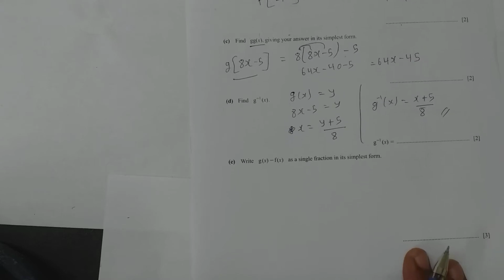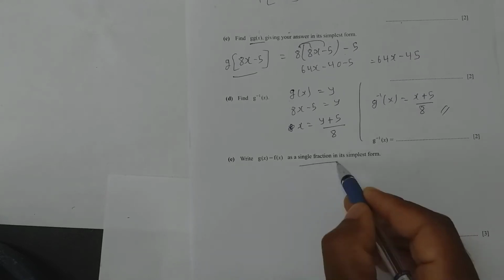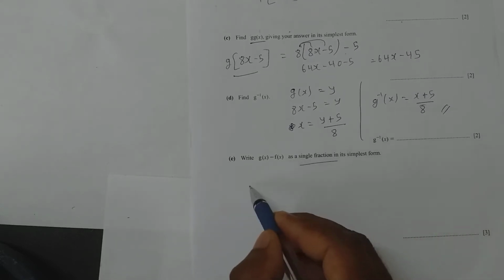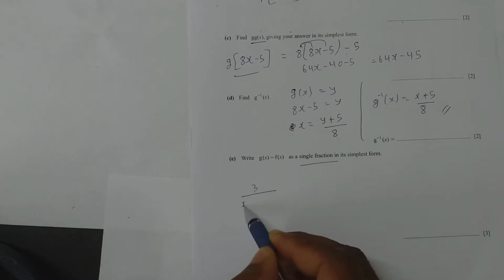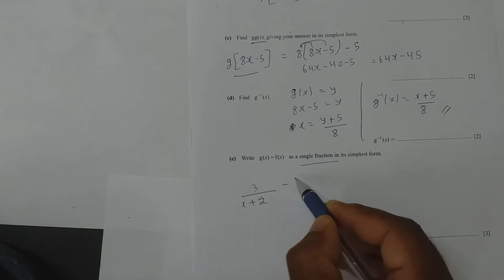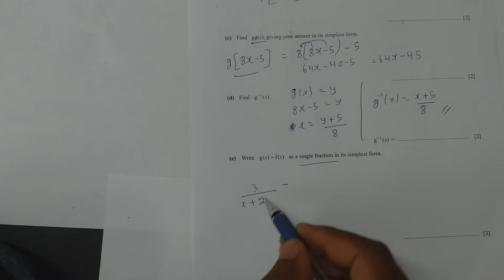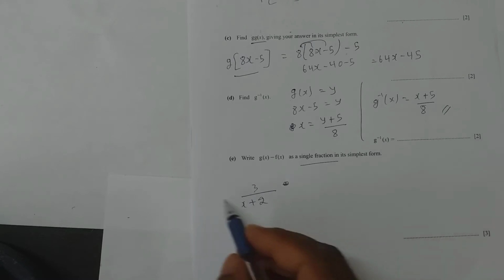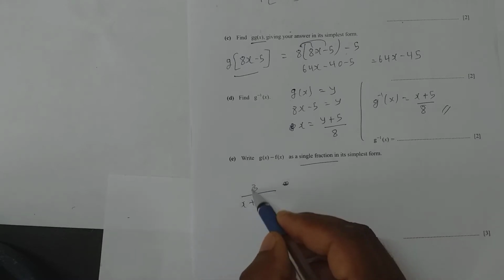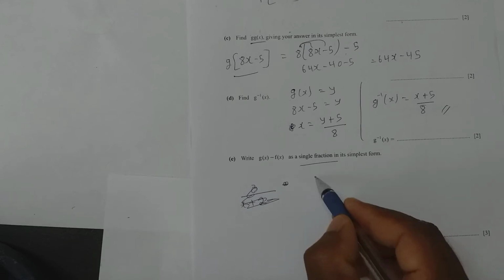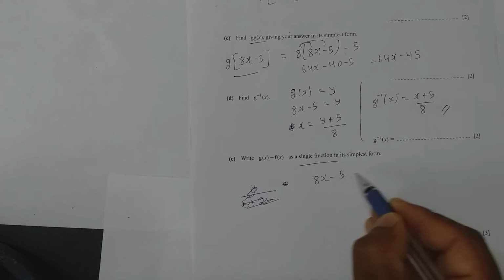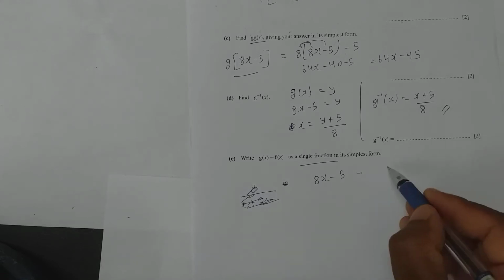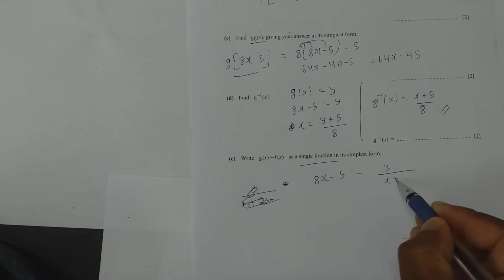Find g of x minus f of x as a single fraction. How much is g of x? G of x is 8x minus 5, minus f of x, which is 3 by x plus 2. So it is 8x minus 5 minus 3 by x plus 2.